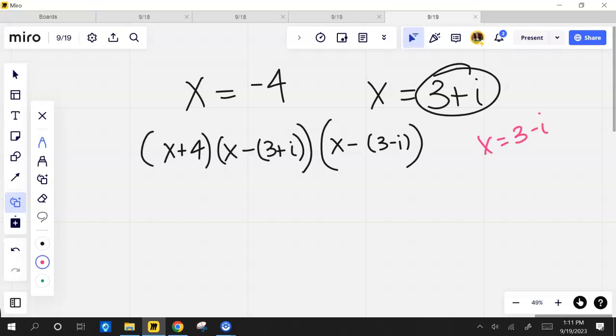And what I know is that I have to do x minus every 0 to find the polynomial.